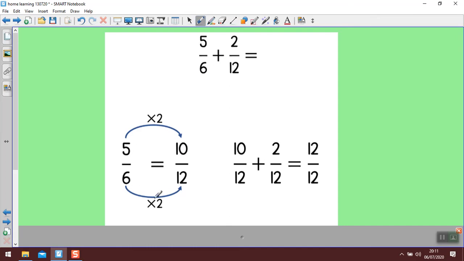If I multiply the 6 by 2, I get 12. So I've got to multiply the 5 by 2, because whatever I do to the bottom, I've got to do to the top. So 5 sixths is the same as 10 twelfths. So it's 10 twelfths plus 2 twelfths equals 12 twelfths. And when your numerator and denominator are equal, that is the same as 1 whole one.